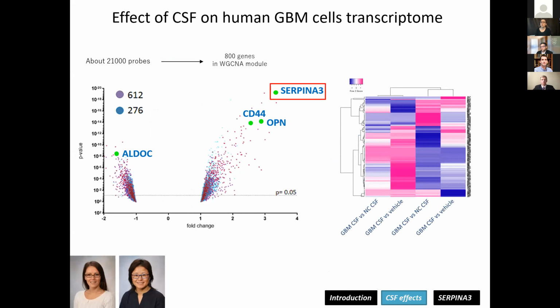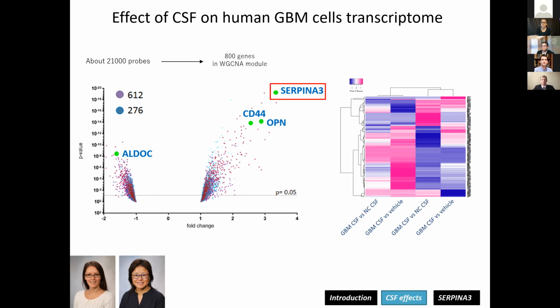We then also wanted to see if the cerebrospinal fluid had in fact a role in modulating the transcriptomic changes of cancer cells. What we did was to condition cancer cells for 24 hours with cancer cerebrospinal fluid, and as you can see here, we got several up and down regulated genes.